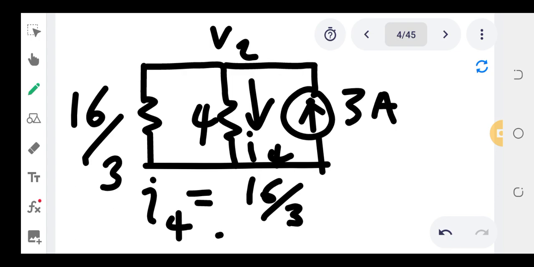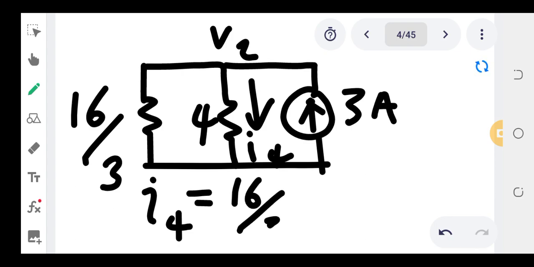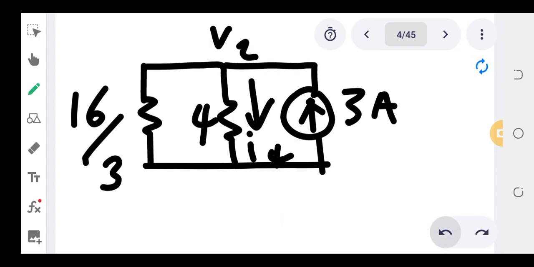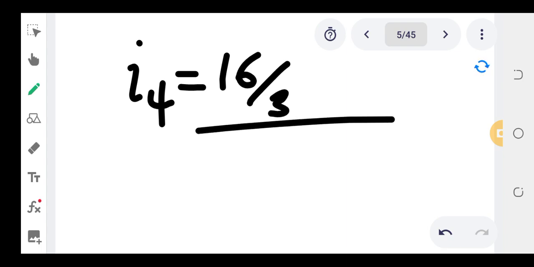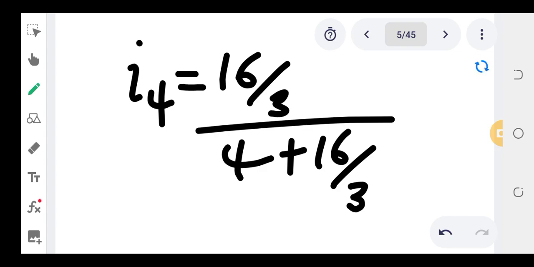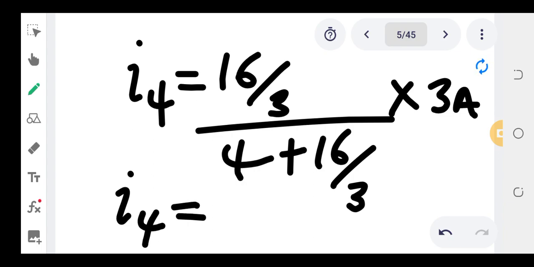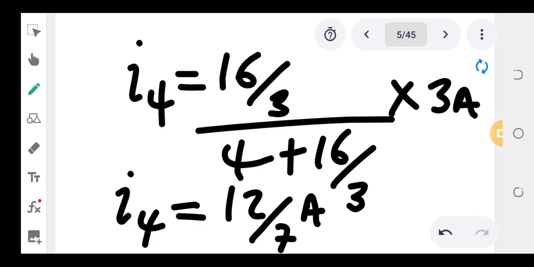So we get I4 is equal to 16 over 3 divided by 4 plus 16 over 3, times the total current there, which is 3. So the value of I4 in this case will be equal to 12 over 7. So this is 12 over 7 amps.